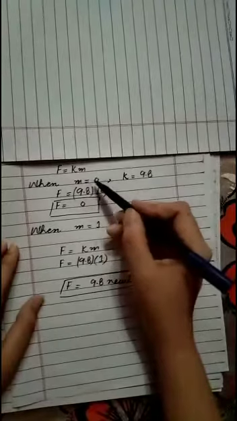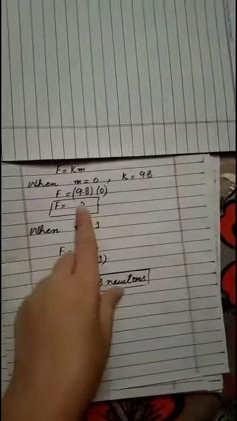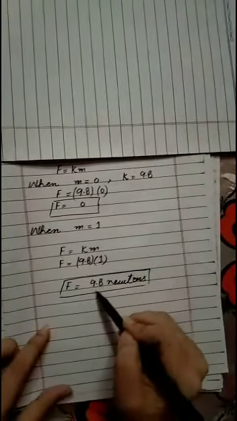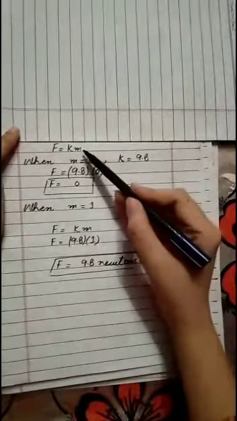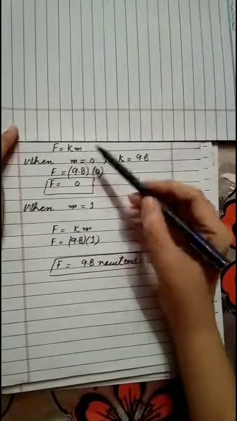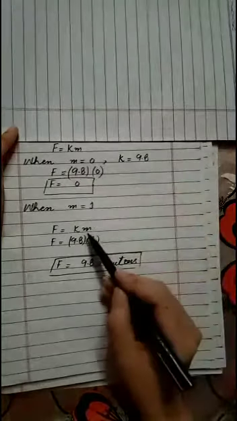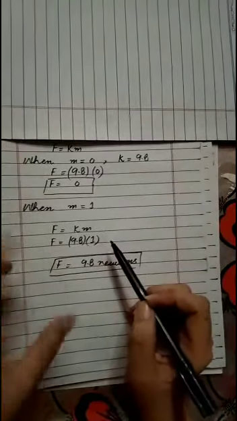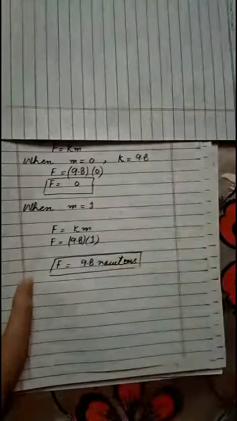When we placed M equal to 0, we found force 0. When we placed M equal to 1, we found 9.8 newtons force. Because mass and force are directly proportional to each other, as we change mass, force also changes. So by placing M, we got two values of force. Now by using these points, we will draw the graph.